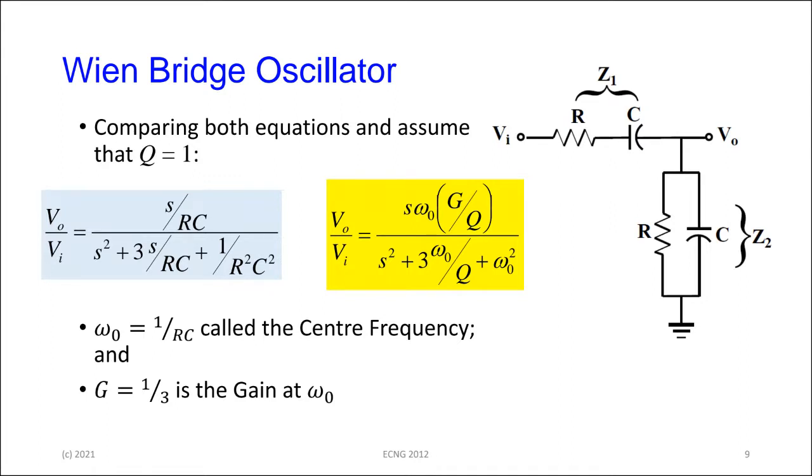If you put omega 0 into the equation, you find that V out over Vin at omega 0, in other words making omega 0 equal 1 over RC, is 1/3. So this circuit has a gain of 1/3, and somewhere along its response there's a center frequency given by 1 over RC. Fair enough? The derivation is easy. The only thing that we didn't derive is this, and we're just making a comparison between one and the other.